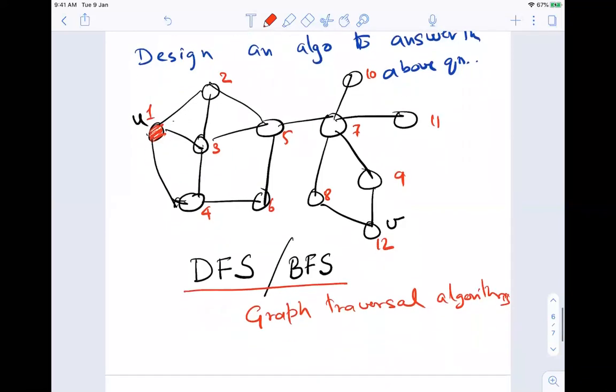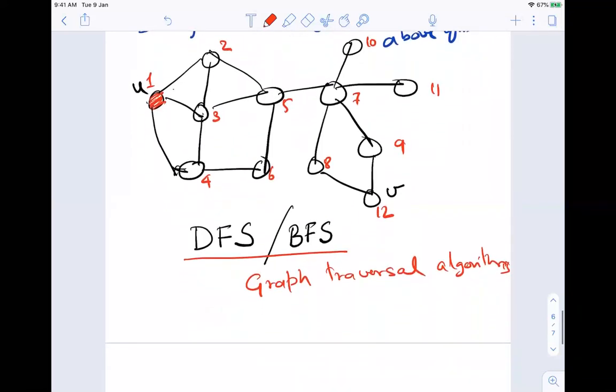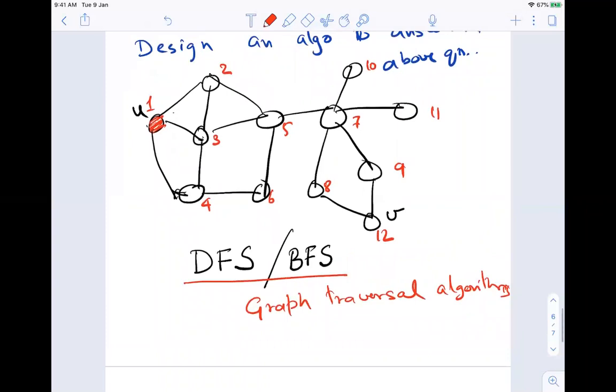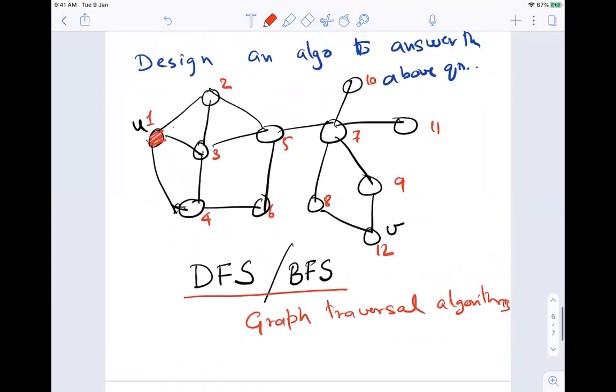One option is that I first visit 1. I start from 1, then I visit all the neighbors. How do I visit all the neighbors? I go along a particular edge and visit 2, along another edge and visit 3, along another edge and visit 4.